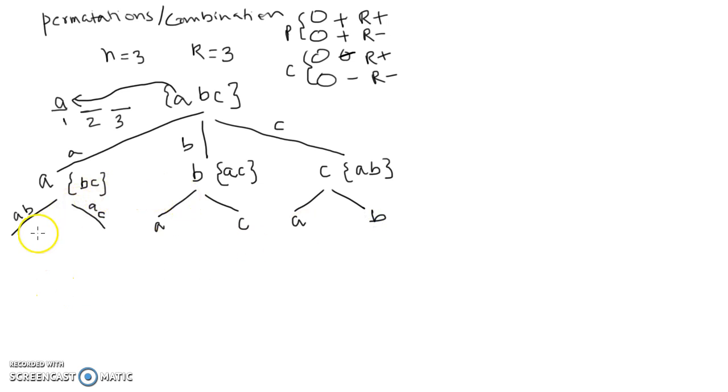I forgot to put in what would come here, so I can either choose B or choose C. So I've selected already B, so this is my BA branch, and this is my BC branch, and this is my CA branch, and this is my CB branch.